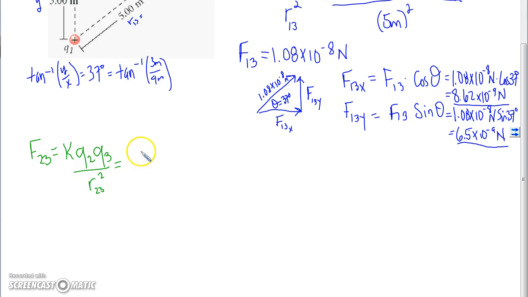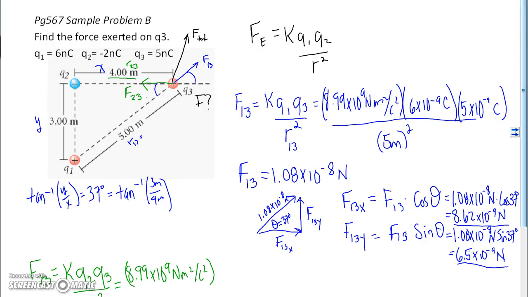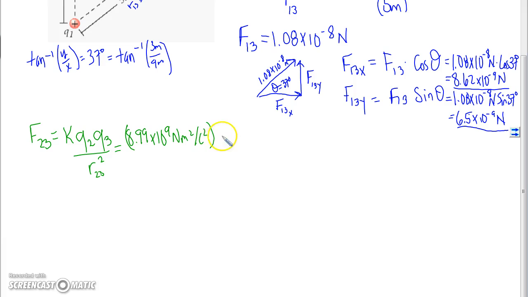If I set this up much the same way, I get 8.99 times 10 to the 9th newton meters squared per coulomb squared. Q2, I have to look that up, I don't remember what that was, so give me a second. Negative 2 nanocoulombs. I'm going to ignore the negative sign, I just want the value of it.